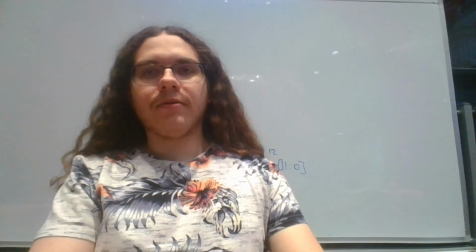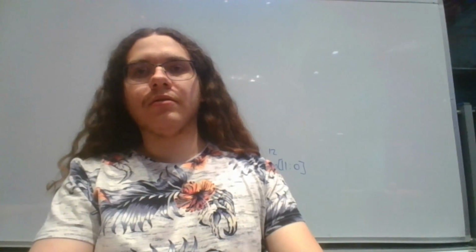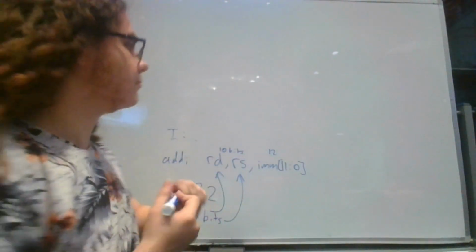So, let's see, RISC-V I-type machine code. Let's see. Oh, goodness. I-type, 12-bit immediate. Yeah, okay, that's right.